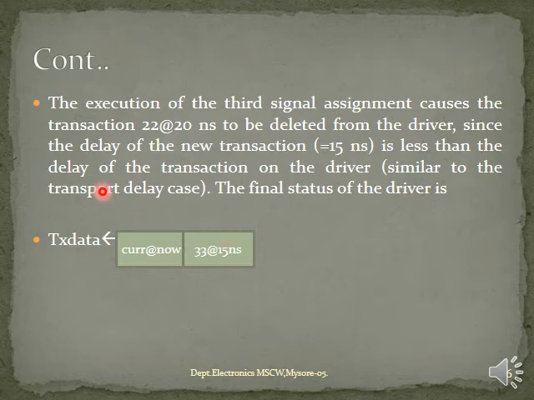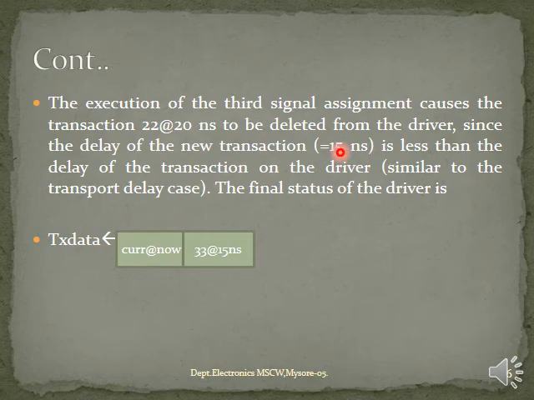What happens at the third statement? The execution of the third signal assignment causes the transaction 22 at 20 to be deleted from the driver. Why is it deleted? Because before, we had 20 nanoseconds, but after that the new transaction appears at 15 nanoseconds.